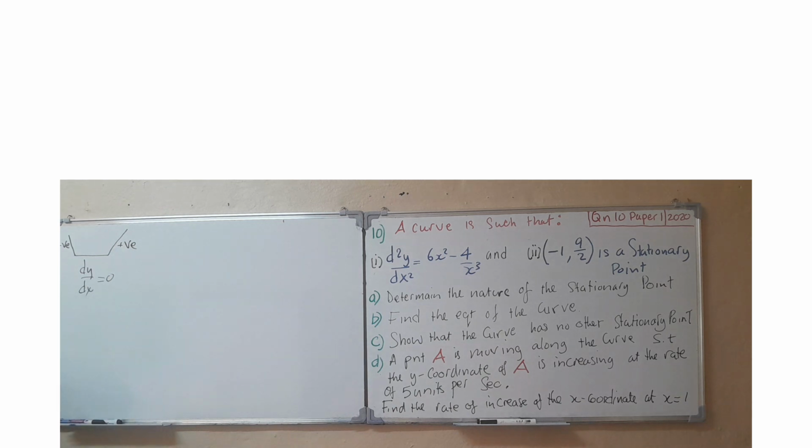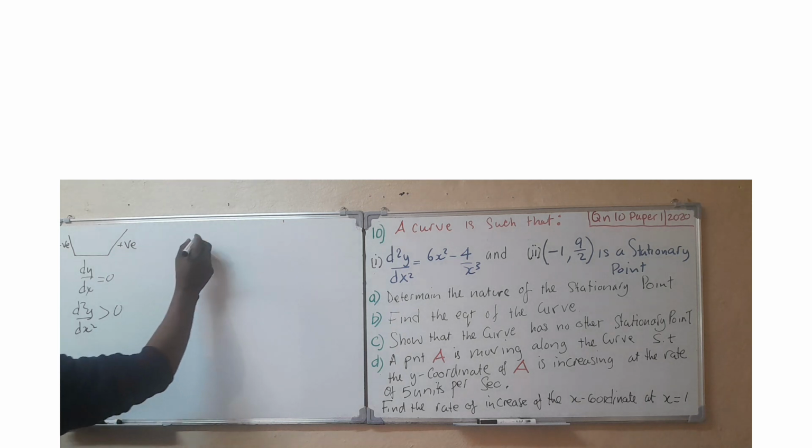So what is slope? Slope is dy/dx. So as we move in the positive x direction, dy/dx is increasing because it starts negative, goes through 0, and becomes positive. So if dy/dx is increasing, that means d²y/dx² is greater than 0. It's positive. That's for a minimum point.